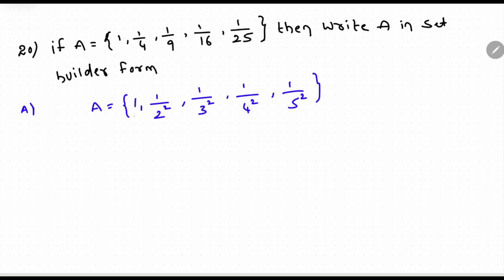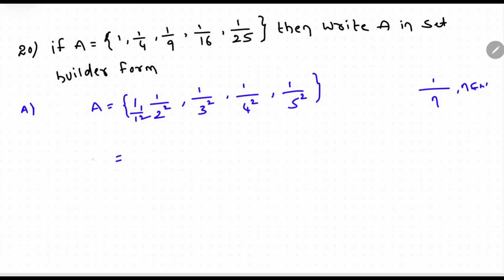Here we can also write 1 by 1 power 2. So 1 power 2, 2 power 2, 3 power 2, 4 power 2, 5 power 2, up to 5. It is an n value, and n will be a natural number because it is starting from 1.